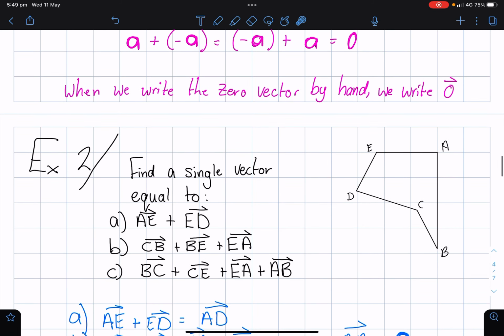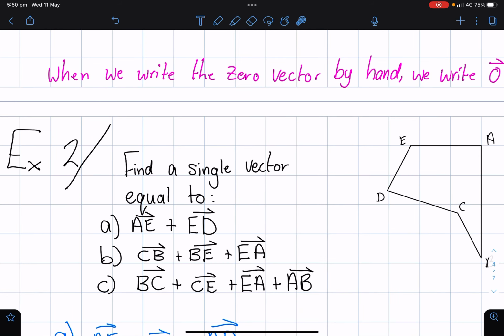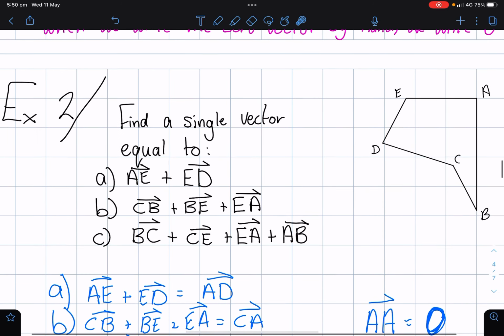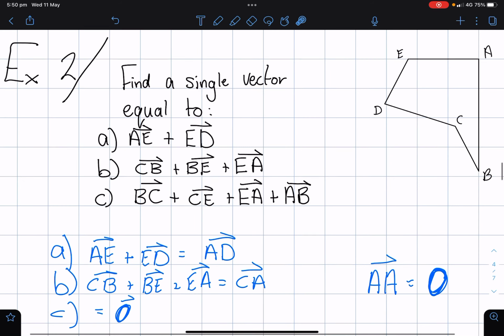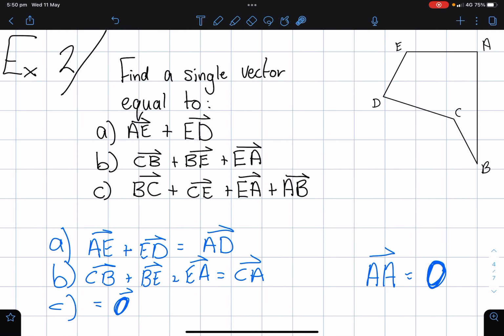So A to D. B, we're looking at C to B, B to E, and then E to A. So that is exactly the same as going from C to A, as we got C and A. And then finally, for question C, we're going to look at the first and the last, and we see that we've gone from B to B. So remember, if we're going from one place and we're staying in the same spot as our resultant, that is the 0 vector.